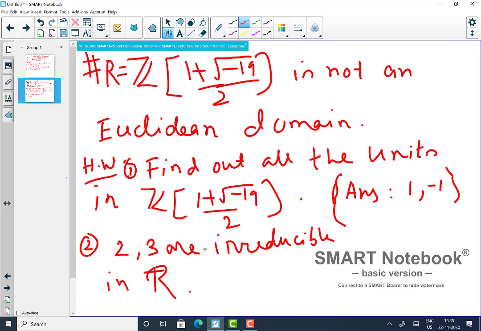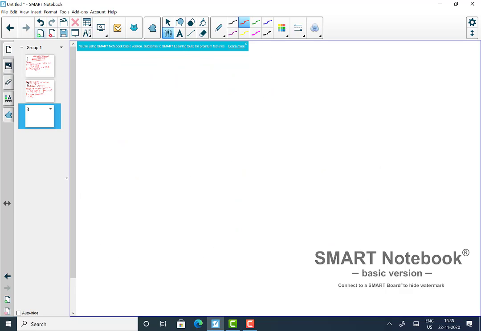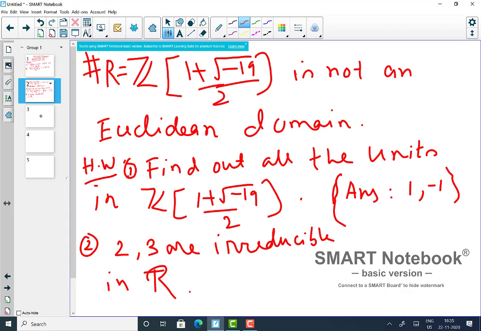So now we need to show that R does not contain any Euclidean norm. That we will show, that you don't have a Euclidean norm.